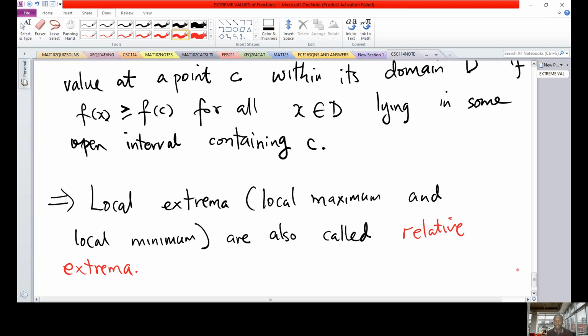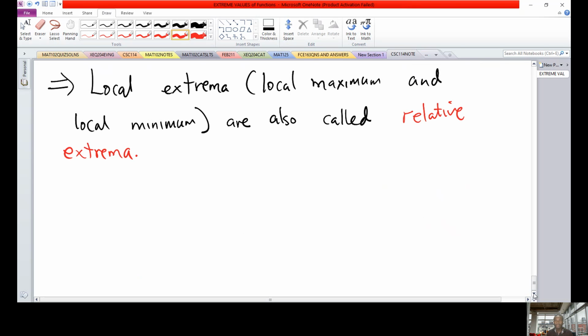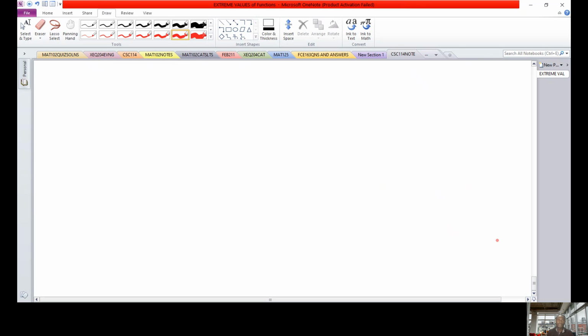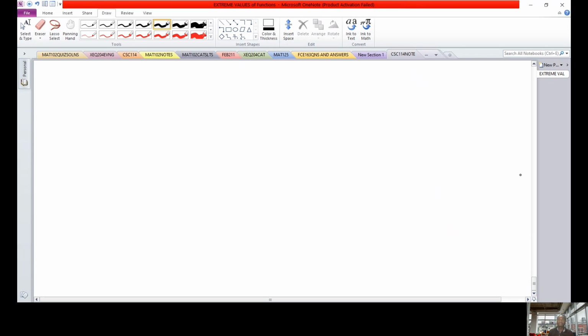So I will draw a sketch to show what we mean by local maximum, local minimum, absolute maximum, and absolute minimum. So consider the graph below. So this curve will help us to understand these terms.